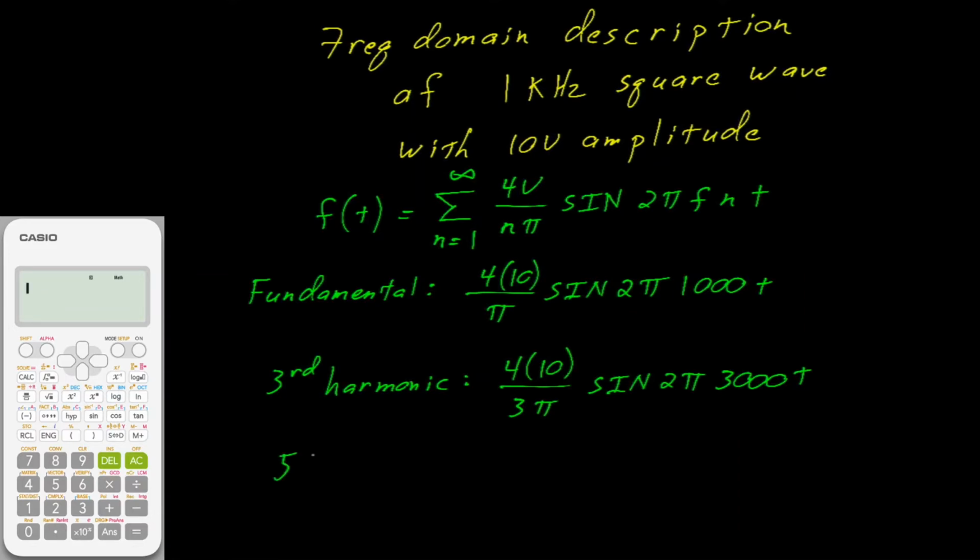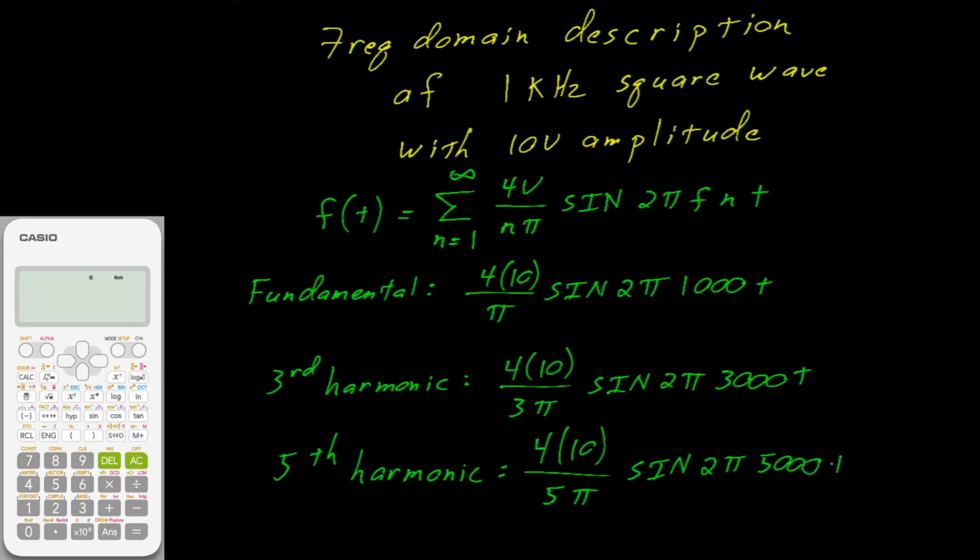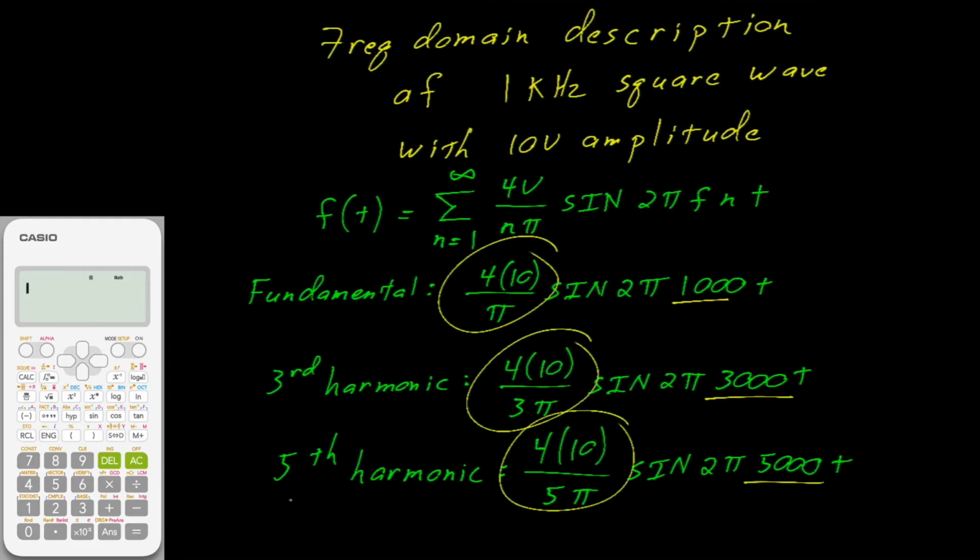And the fifth harmonic, 4 by 10 over 5 pi sine 2 pi 5000 t. These are the frequencies, and these are the weighting coefficients to describe the amplitude of each frequency.